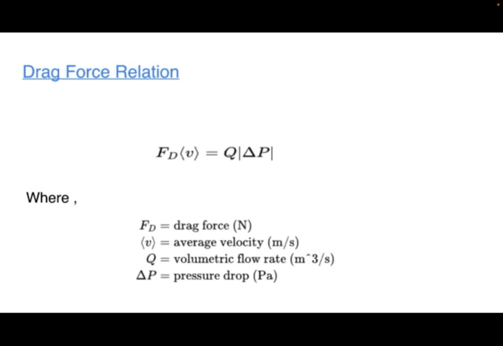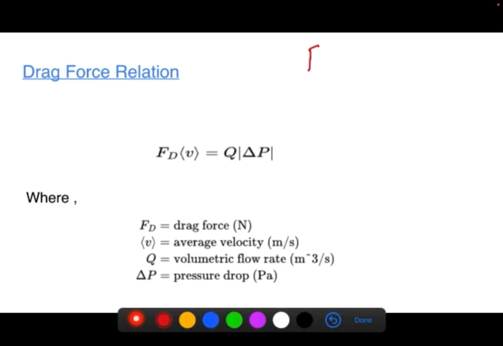Drag force relation. Drag force, or we call it F_D, times average velocity would give us volumetric flow rate times pressure drop. Now, drag force can be written as pi d L into half rho v square into f.